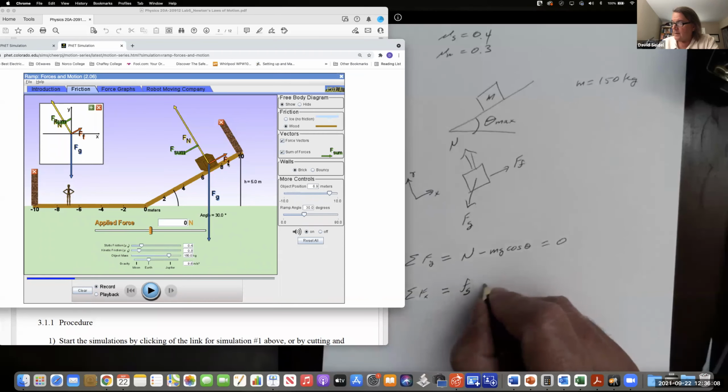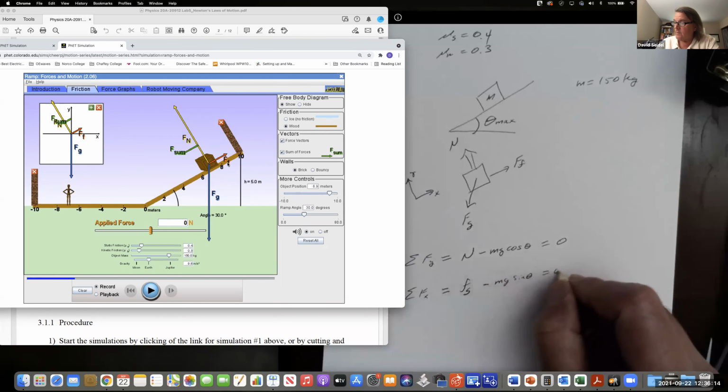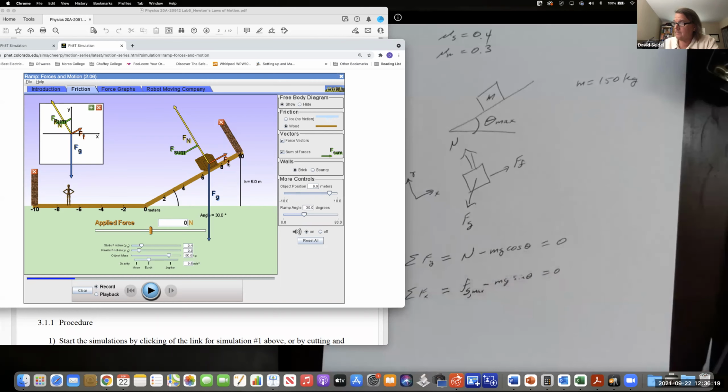So F static minus mg sine theta equals 0, and I want F sub s max, because I'm looking for the max angle.